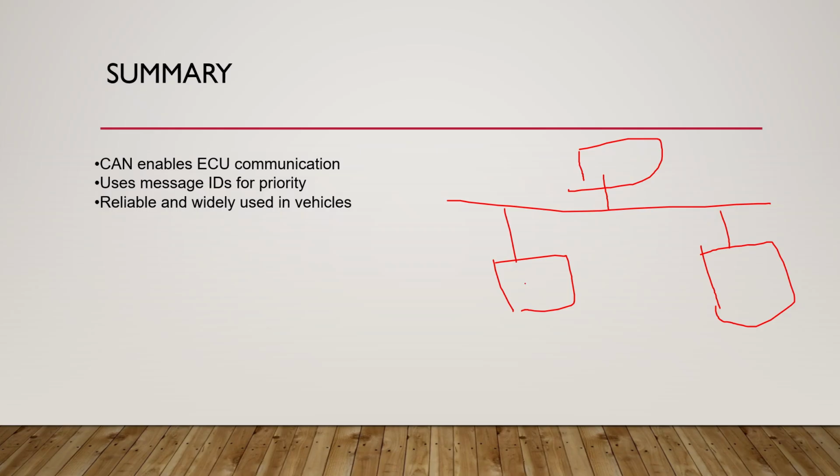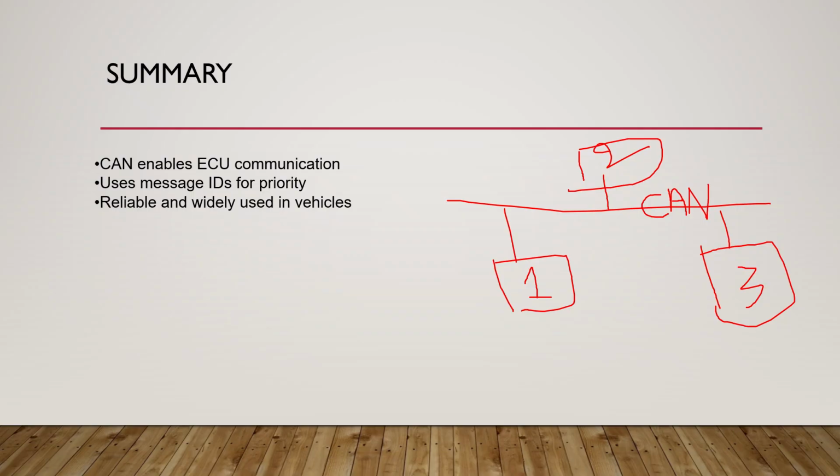So ECU1, ECU2, ECU3, and they communicate through CAN. This is CAN communication, which communicates through only a single line to all the ECUs in the network.